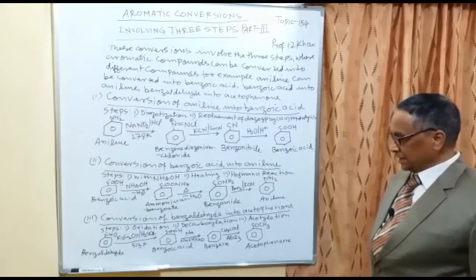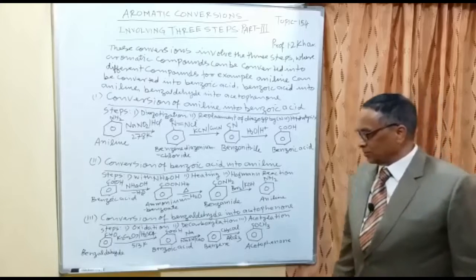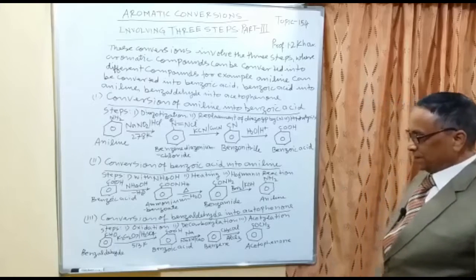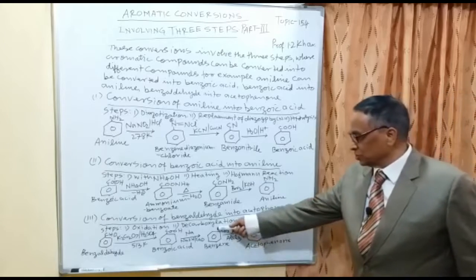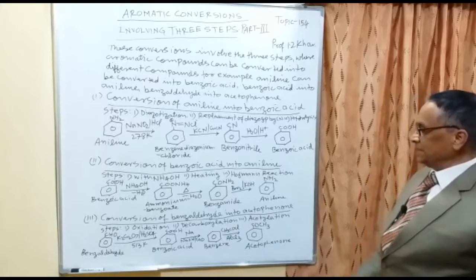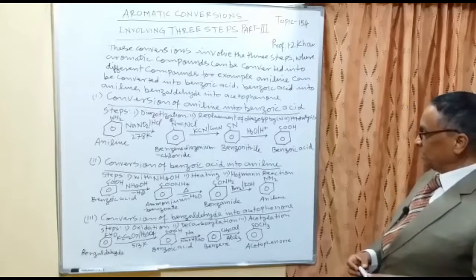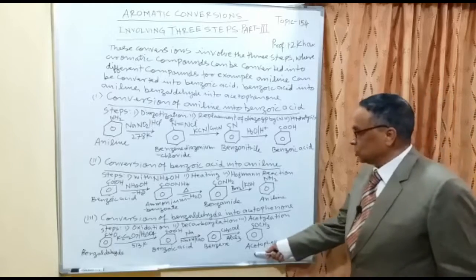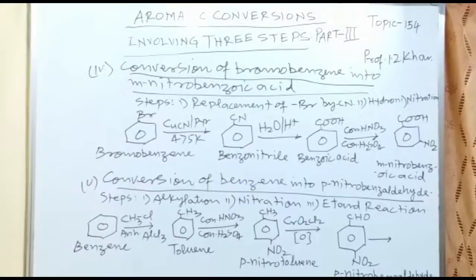In the second step, decarboxylation, meaning the removal of the carboxylic group, in the presence of soda lime, that is sodium hydroxide and calcium oxide. It will be changed into benzene, and this benzene is treated with CH3COCl and anhydrous aluminum trichloride. You will get acetophenone. So in this way, these 3 conversions are done.